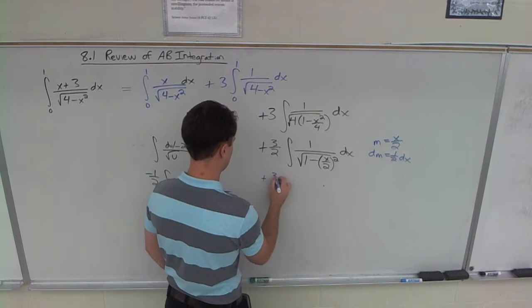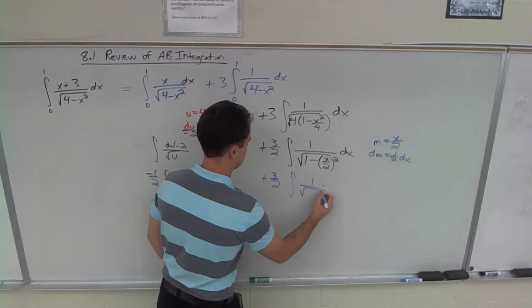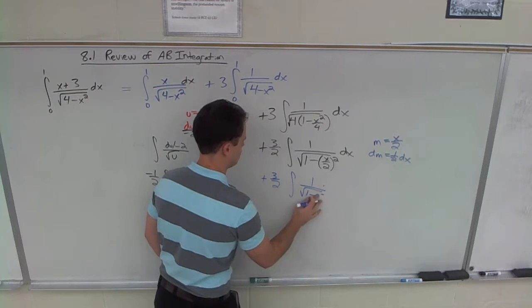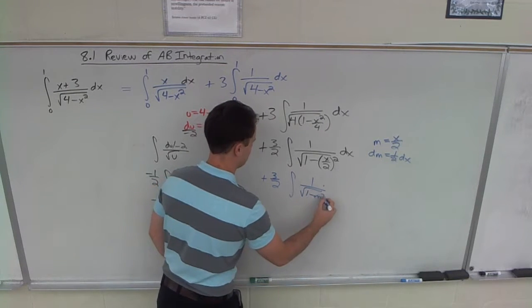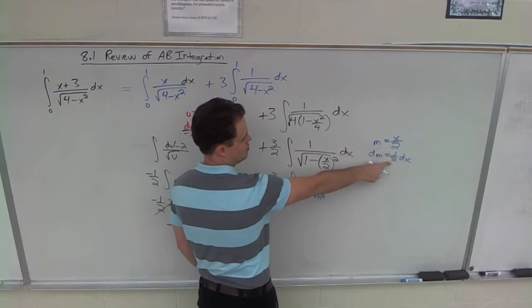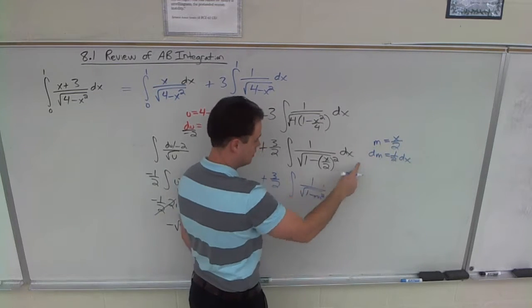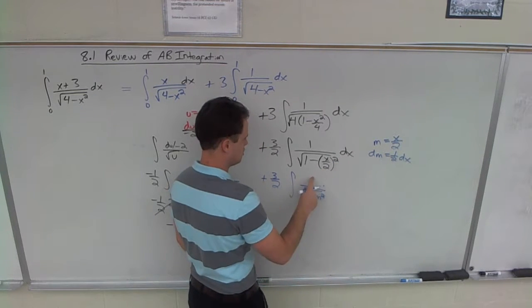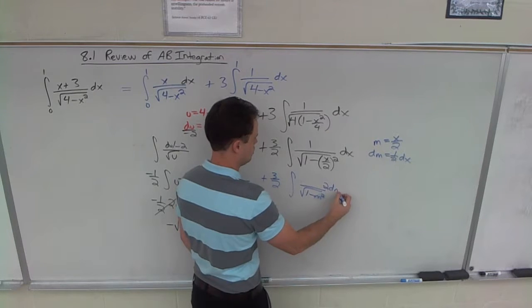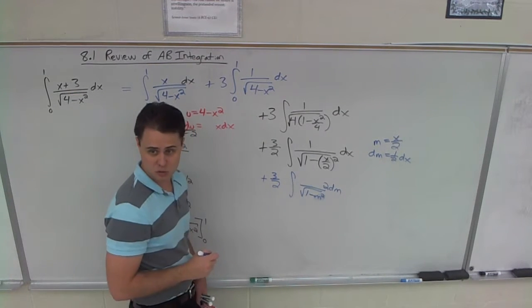So this is going to be plus 3/2 1 over the square root of 1 minus, I called my stuff m. And then we've got to compensate. How's that going to go in here? That says dx is 2 dm, doesn't it? So up here, instead of dx, I should have 2 dm. So now that 2 is going to come out and cancel this 2, isn't it?